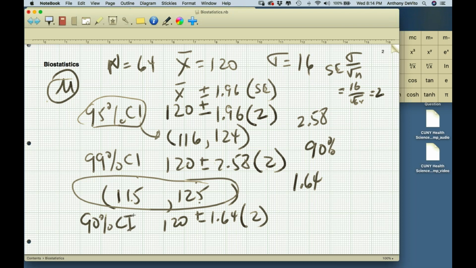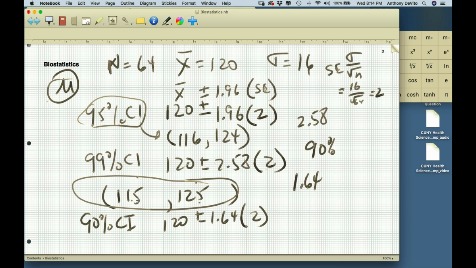And notice something. Without looking at the numbers, which one's going to be wider, a 99% confidence interval or a 90% confidence interval? Bingo. Why is a 99% confidence interval wider than a 90% confidence interval?